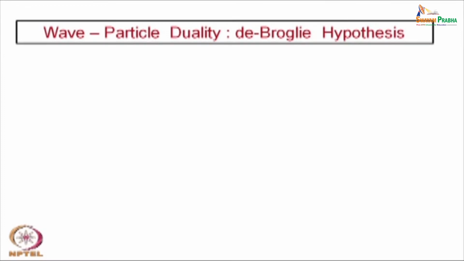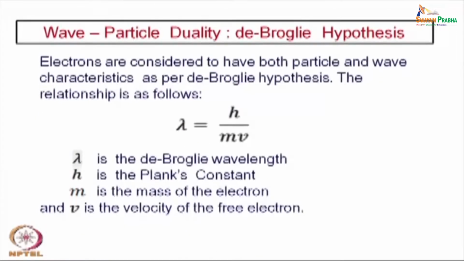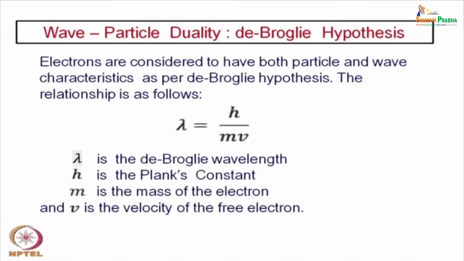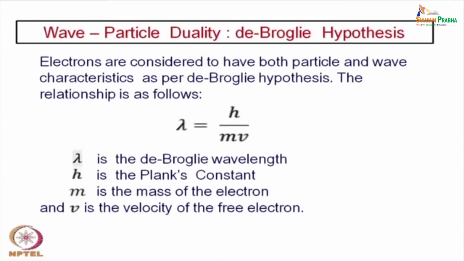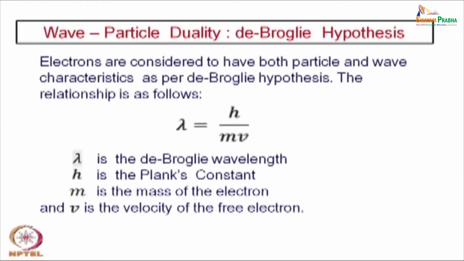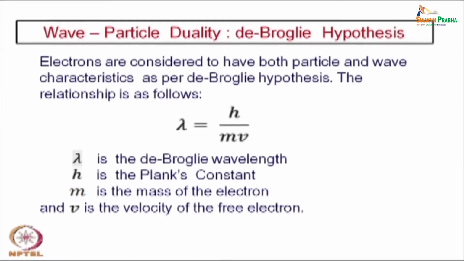Well, the other most important aspect of the free electron theory is that, for the first time, the electrons have been considered to have both the so-called particle character and the wave character. That was the concept of the wave mechanical or the quantum mechanical approach, and the electrons are considered to have both particle and wave characteristics as per the de Broglie hypothesis.